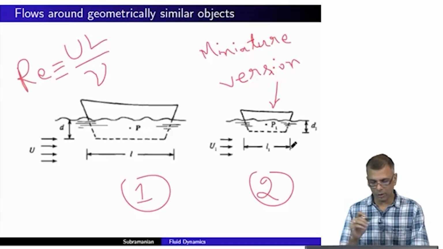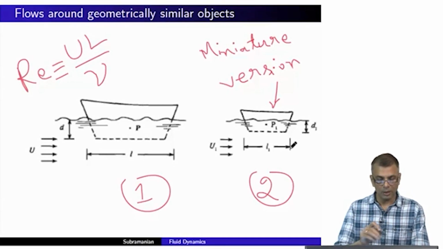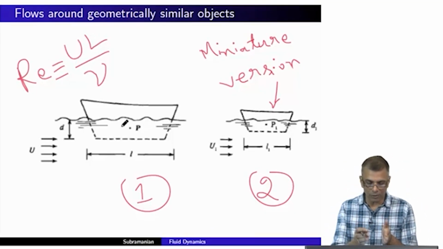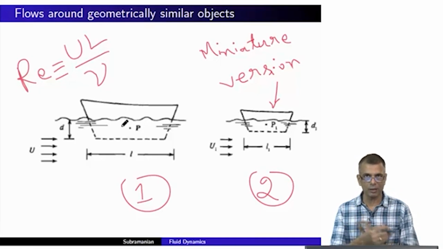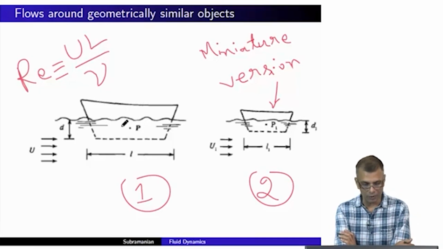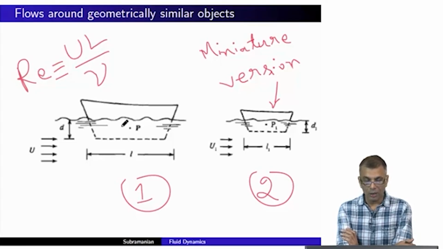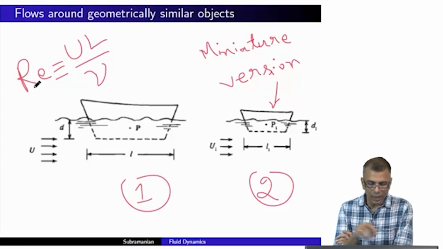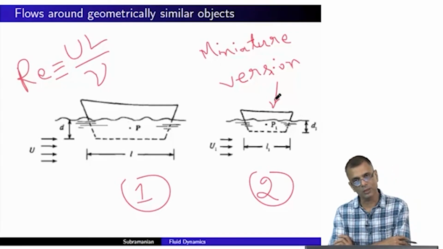So the U here is different from the U here. The L here is different from the L here, right? This is a miniature version, so the characteristic length is obviously different from the characteristic length for the bigger version, right? But I want to insist that the Re has to be the same in both the situations. Okay, so what does this mandate?